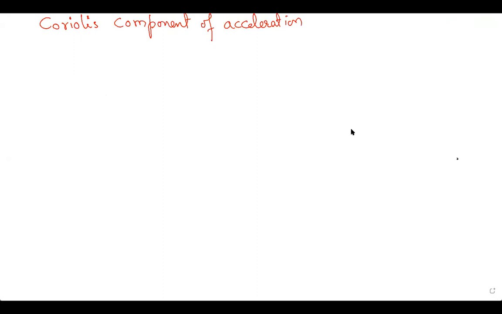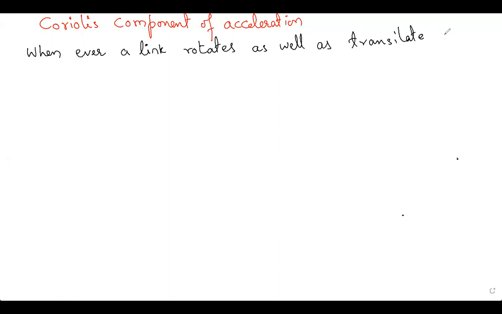So I'll write the statement over here. Whenever a link rotates as well as translates, then we have this Coriolis component of acceleration.